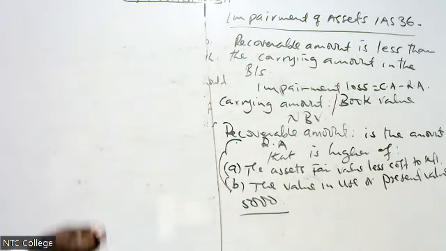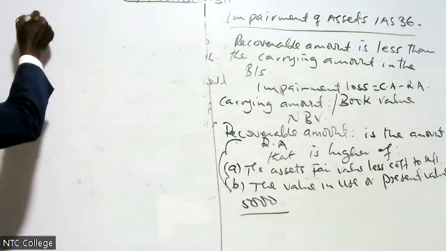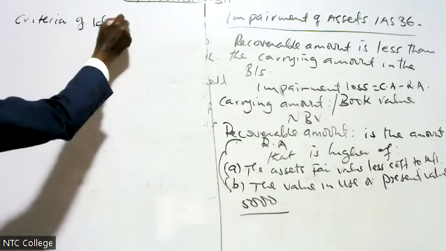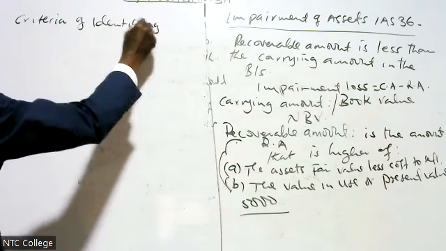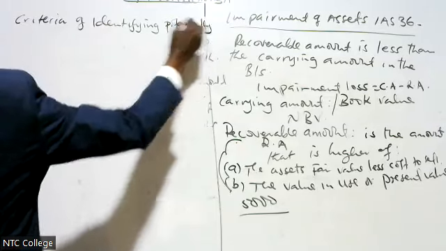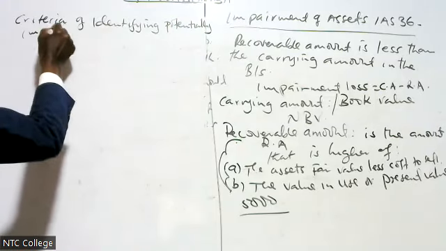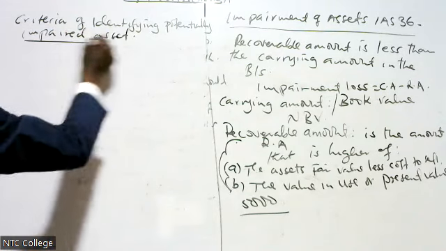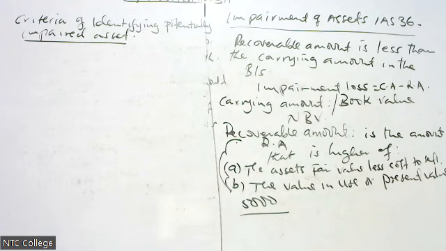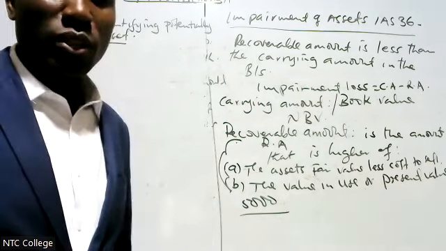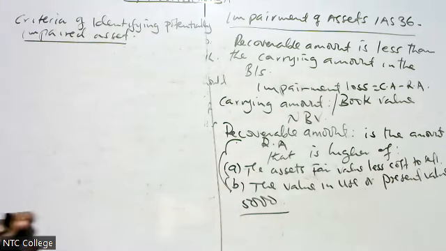Now, we say here, criteria of identifying potentially impaired assets. How will you know that your asset is potentially impaired?